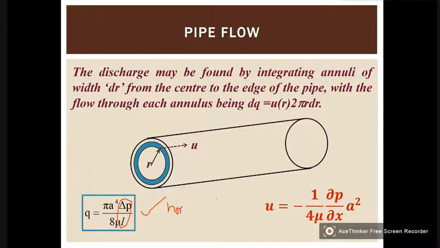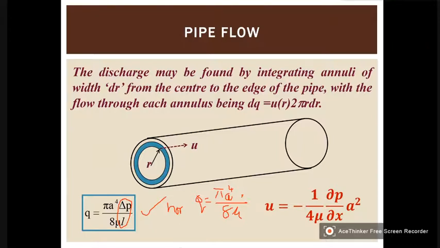So if it is inclined, you will get Q is equal to the same thing, pi a to the power of 4 by 8 mu, into, in place of delta P by L, what do we have to write?